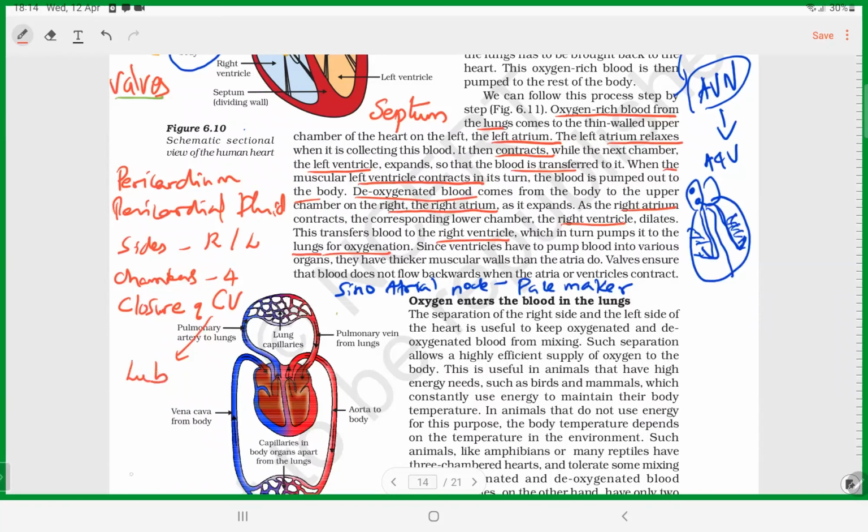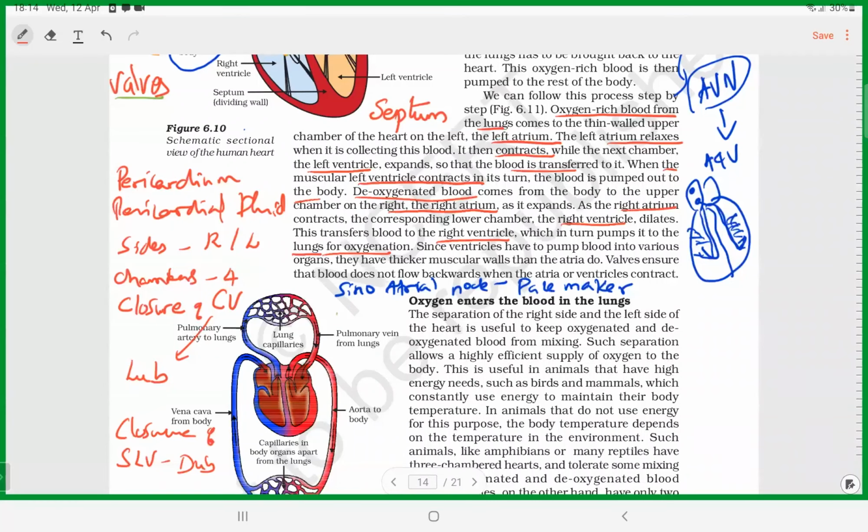Lub sound. Closure of semilunar valve causes dub sound. Okay, contraction, relaxation.